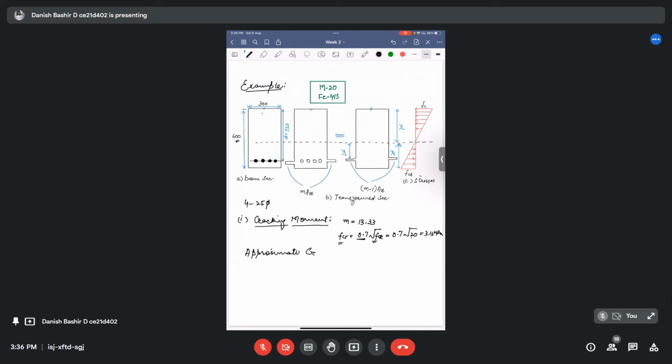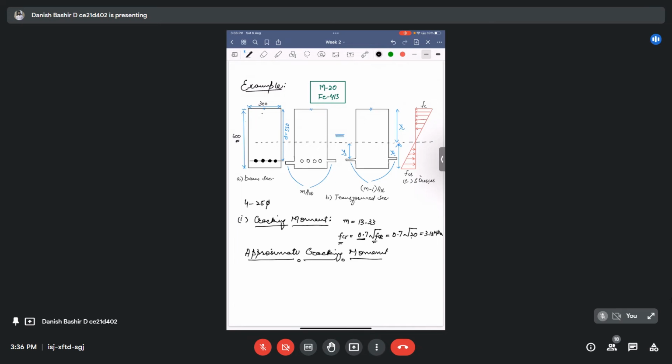First, we will calculate the approximate cracking moment. What do I mean by approximate cracking moment? Approximate cracking moment is where I assume the whole section, I will take the gross moment of inertia of this section, not the transformed section.